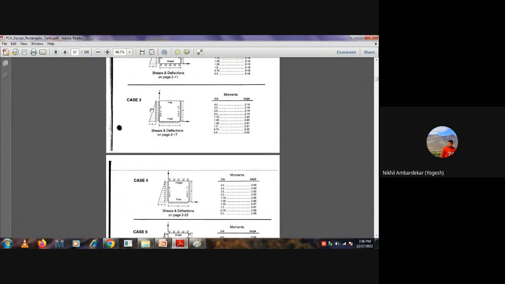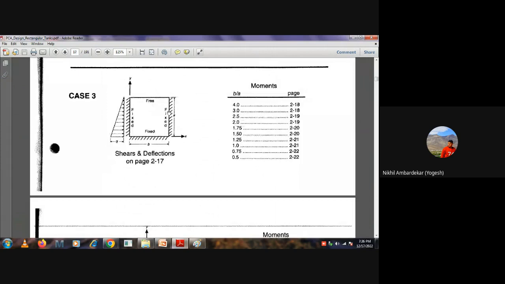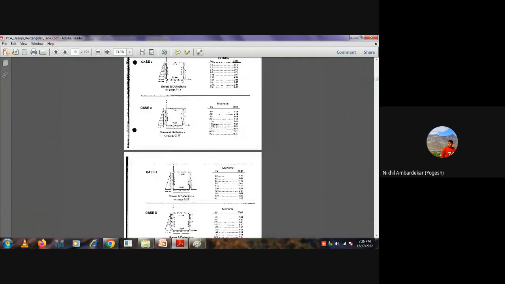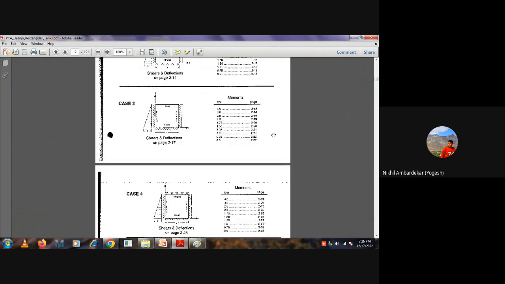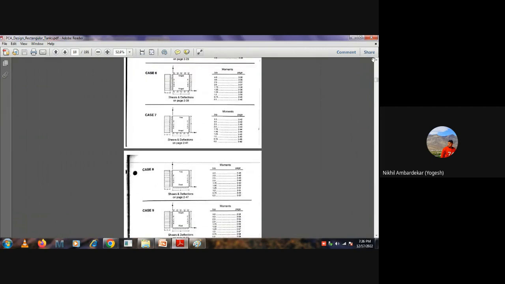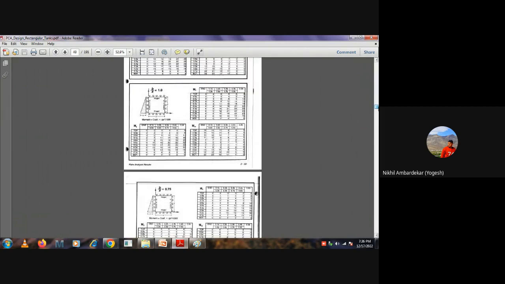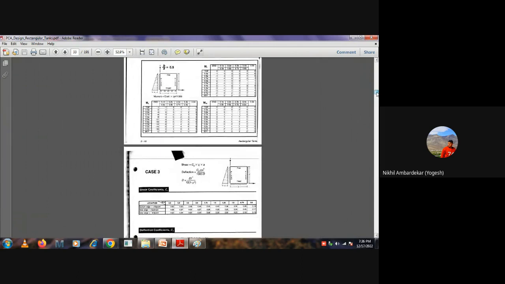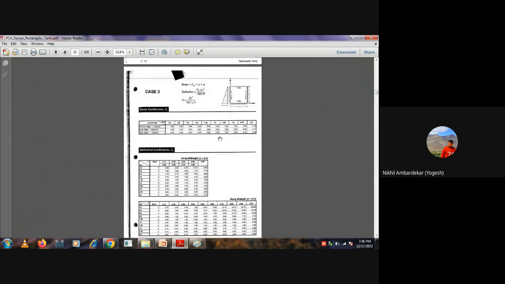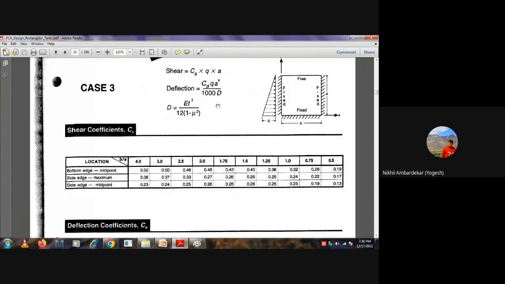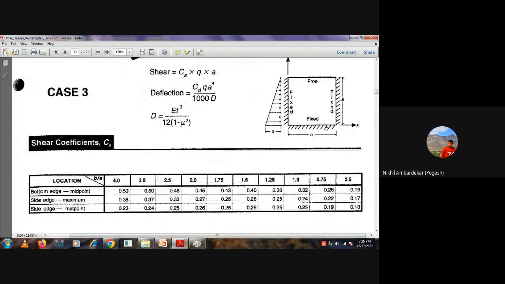So we have load case number 3, 3 sides fixed, top free. We have this 2.5, that is on page 219. Or maybe we will just go to page number 218, the first page. Why? I will tell you. 218. Okay, the load case number 3. Can you see this? The same load case.